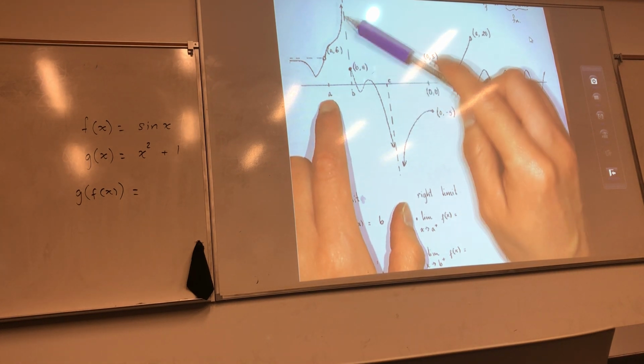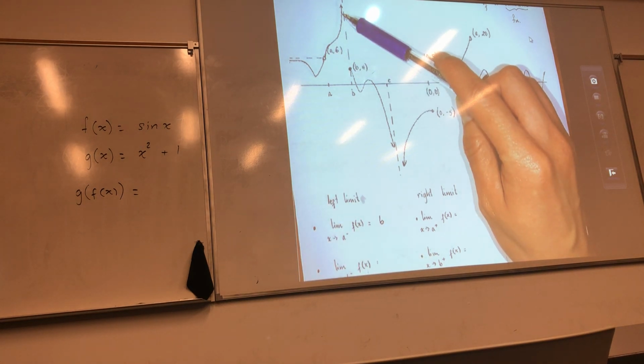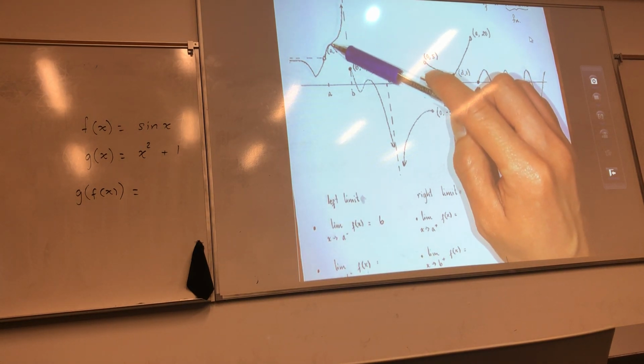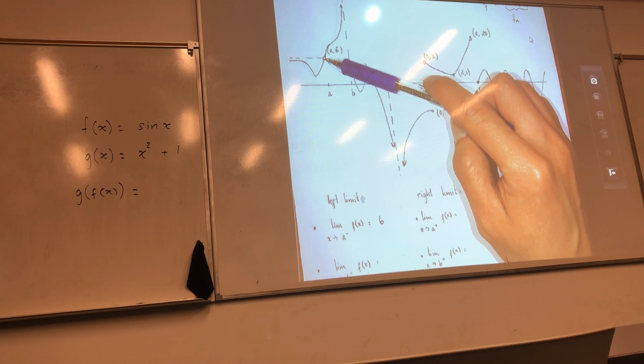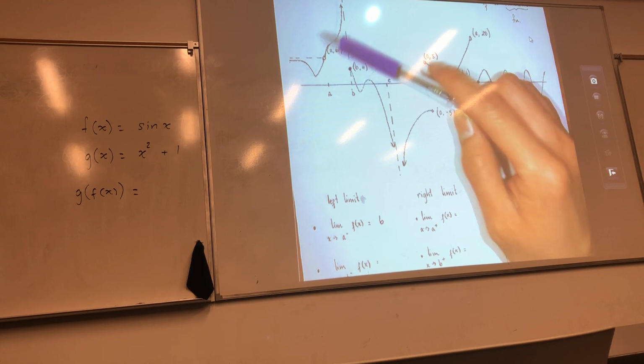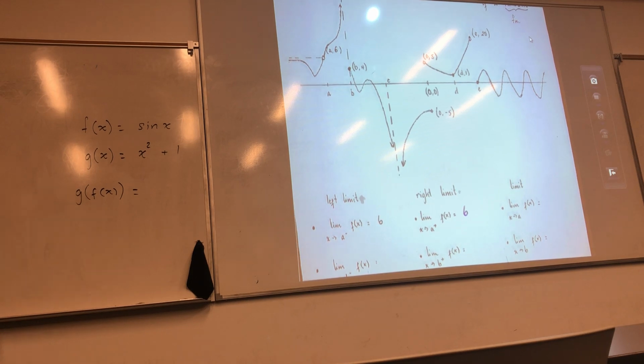You start seeing the x value getting closer and closer to A. You follow the graph, and you're getting close to this point, (A, 6). Therefore, your right limit is 6. So that's the left, that's the right.